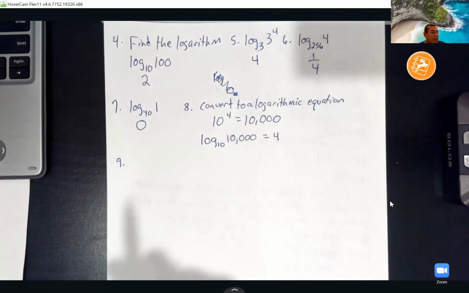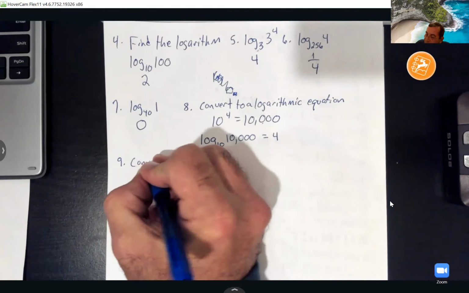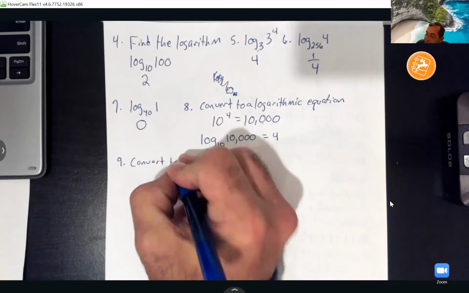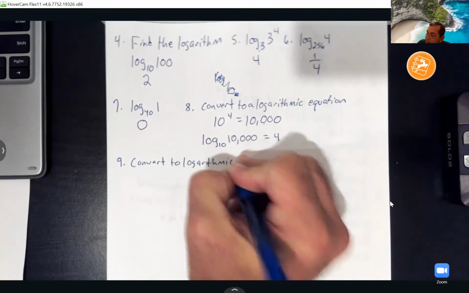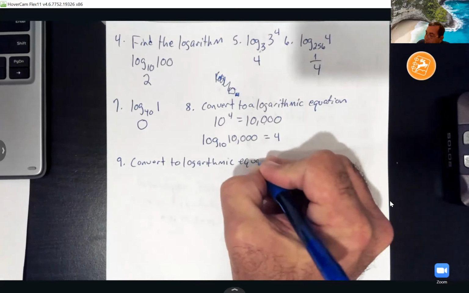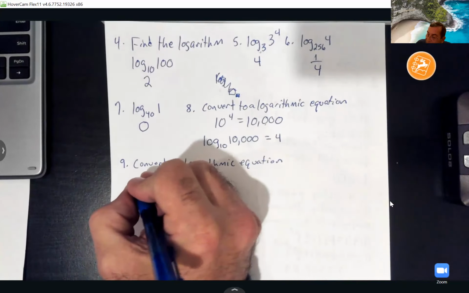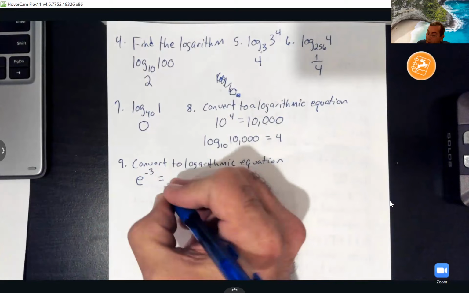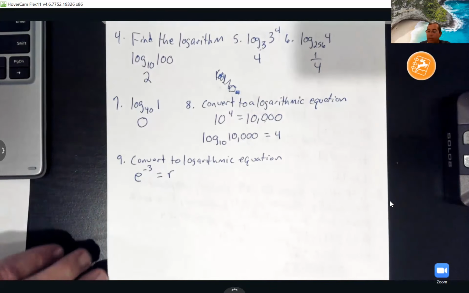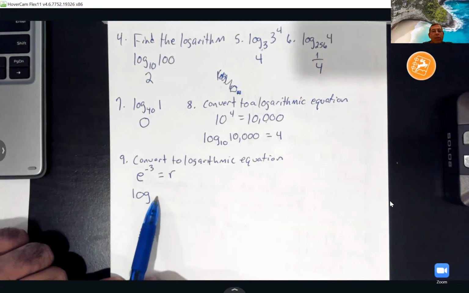Now, 9 is doing the same thing, so let's see how y'all do this one. So we're going to convert to a logarithmic equation again. So y'all, let's see what y'all do on this one. I got e to the -3 equals r. So I'll write the log. So the question is, what's the base of my log going to be?